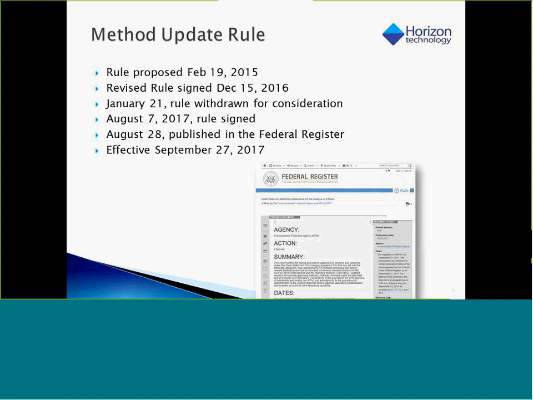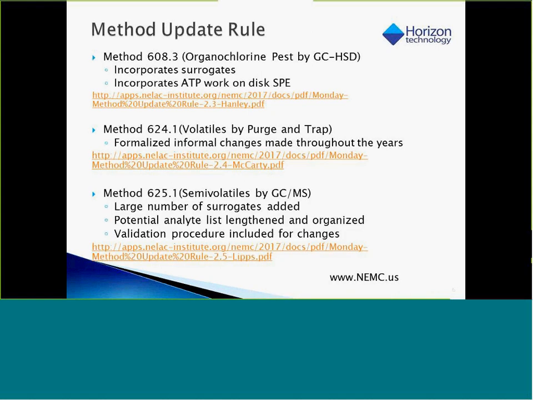On August 7th, the rule was signed by the new administrator. And August 28th, it was published in the Federal Register. So it is effective on September 27th, 2017, next week. So what does this mean? It means that the new methods can be used in a week's time.